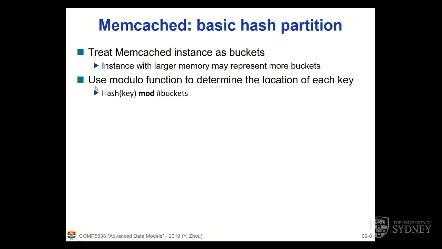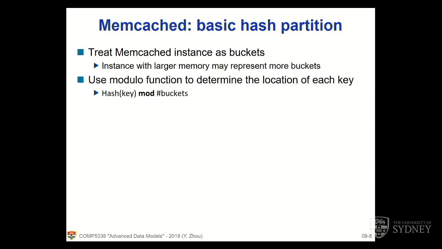We just mod by the number of buckets. Each bucket has a unique ID, so if there are 3 buckets, the IDs would be from 0 to 2. When we do the mod by 3, we always get a number like 0, 1, or 2, and that indicates the location.